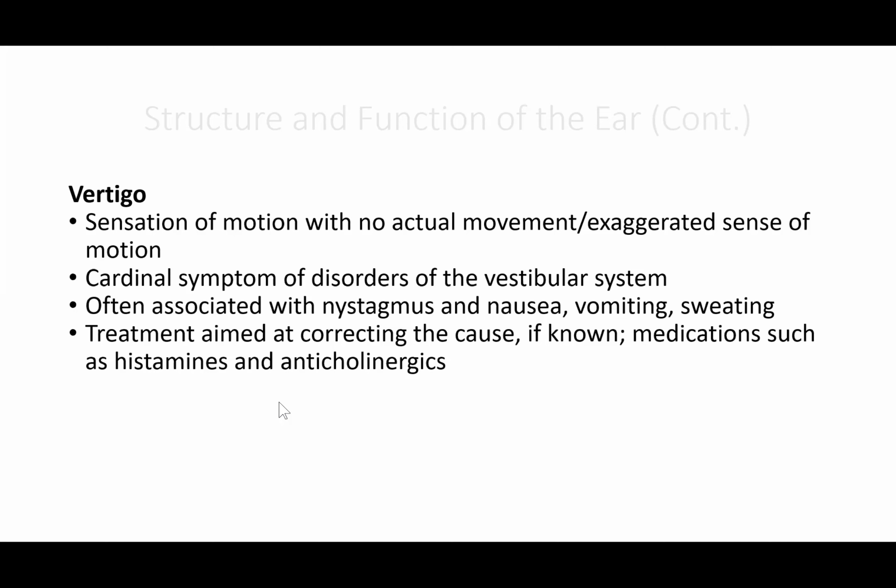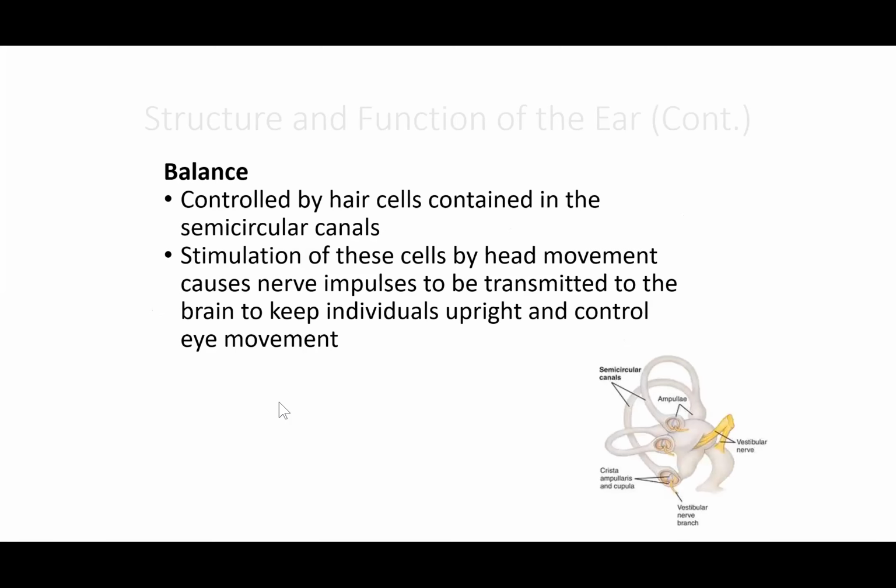Okay, so the vestibular is the part of the ear that is responsible for your balance. So let's go back up to this. All right, so you have the vestibular nerve.